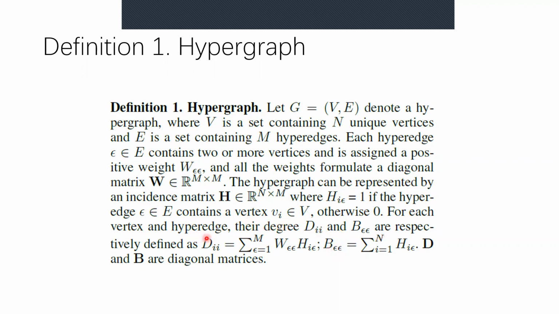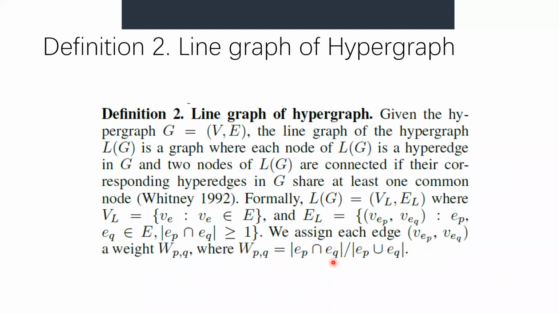And for each vertex and hyperedge, their degrees are represented in this way. And then the line graph of the hypergraph: the nodes in the line graph represent the edges of the hypergraph. Two nodes of the line graph are connected if their corresponding hyperedges in G share at least one common node.